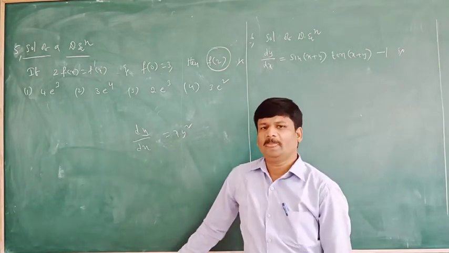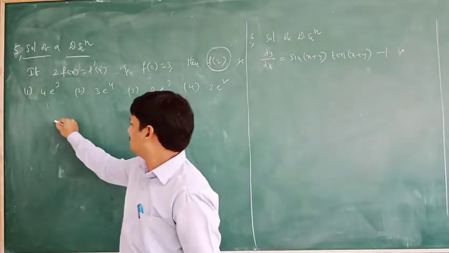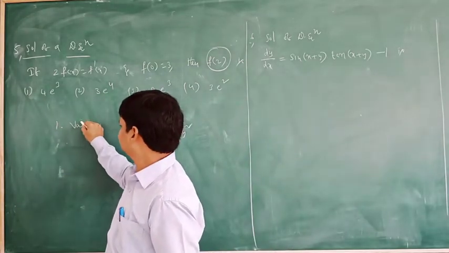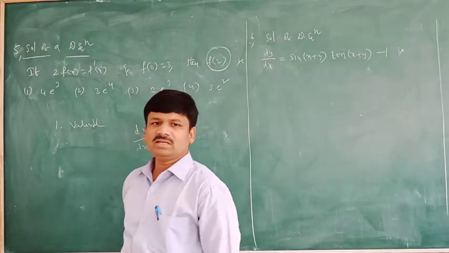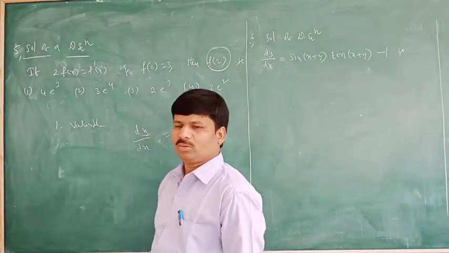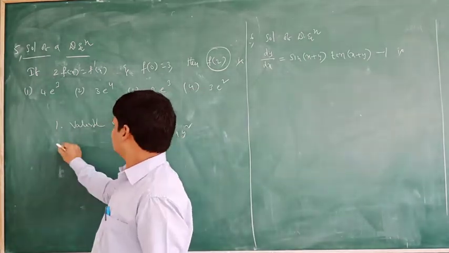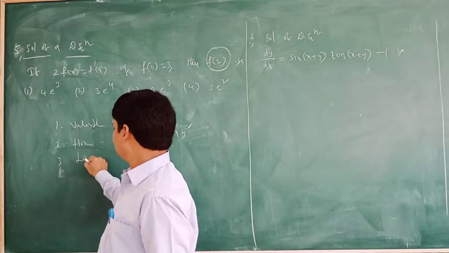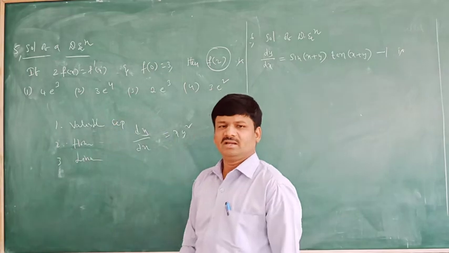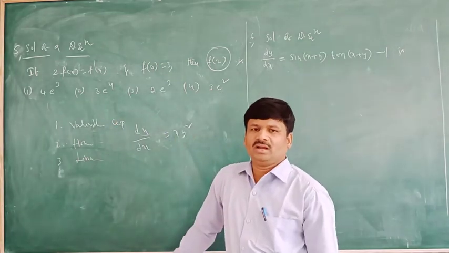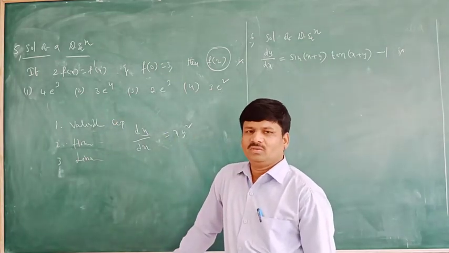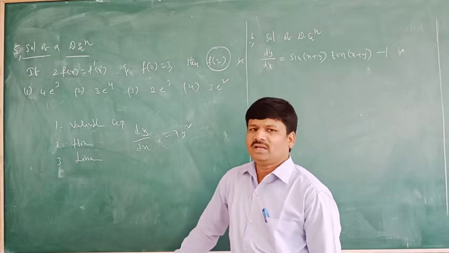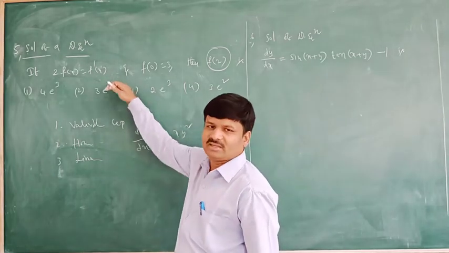How many methods did we learn? The first method is the variable separable method. The second one is the homogeneous method. The third one is linear. Like that, 3 methods we learned. So we have to check which method it is.